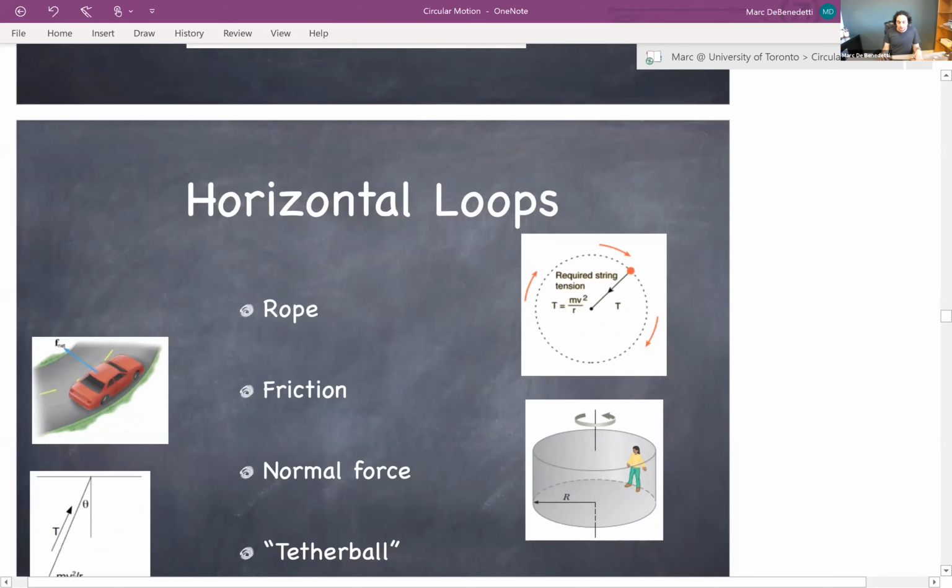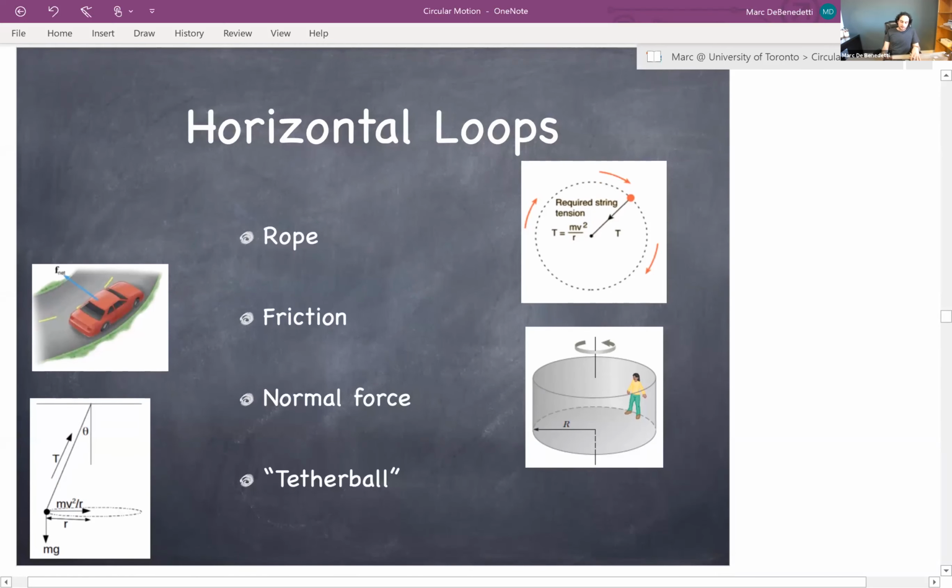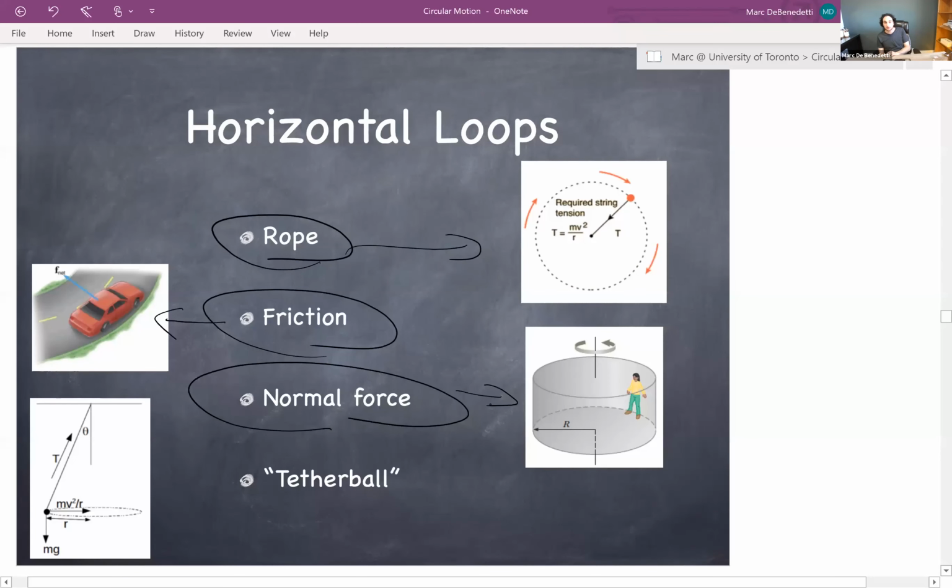Okay, so just to summarize, for horizontal loops, we have a few different scenarios I've shown you. We have centripetal force or circular motion caused by ropes, with the airplane question. Circular motion caused by friction with the car, circular motion caused by the normal force.